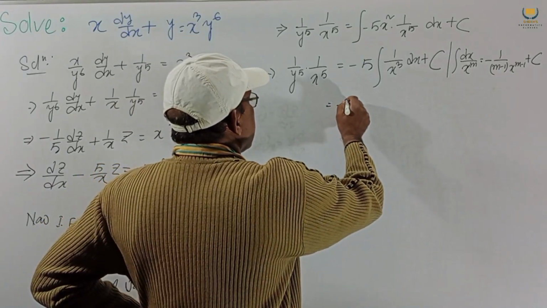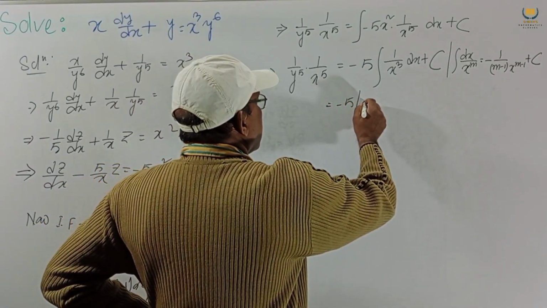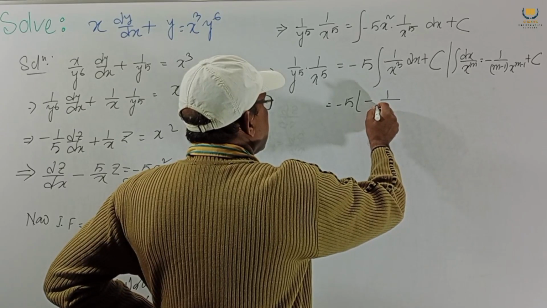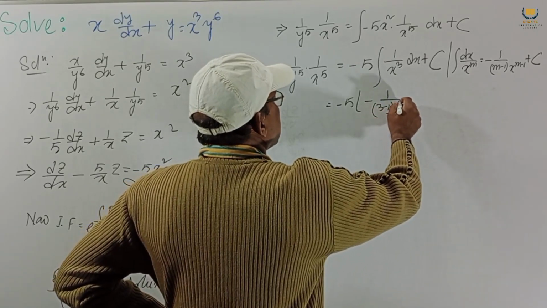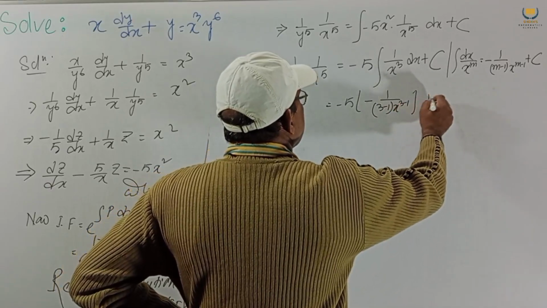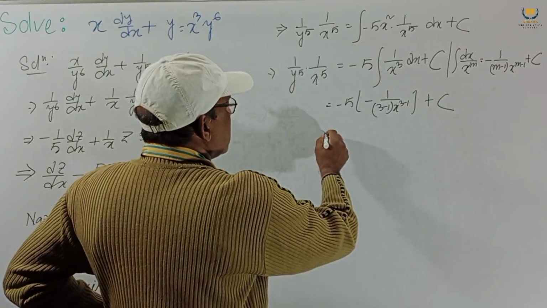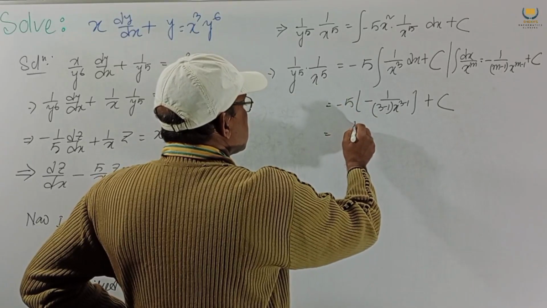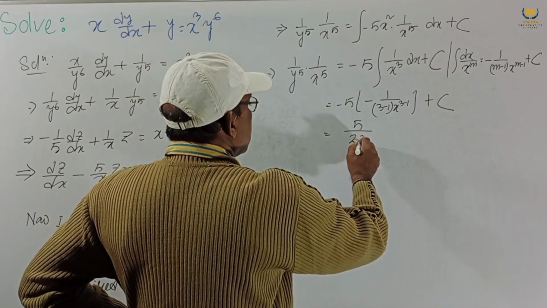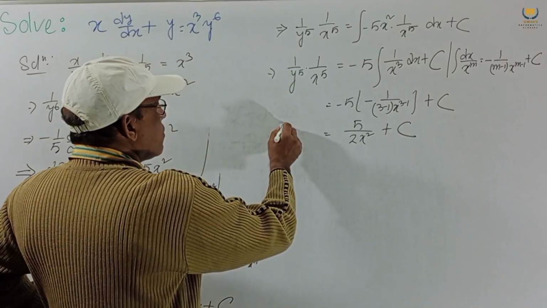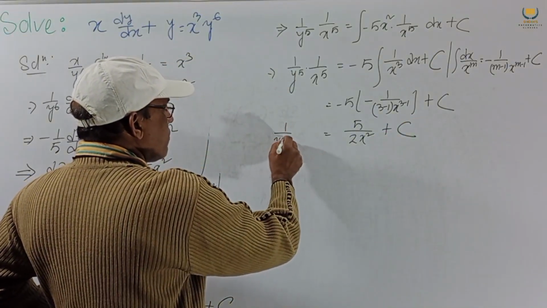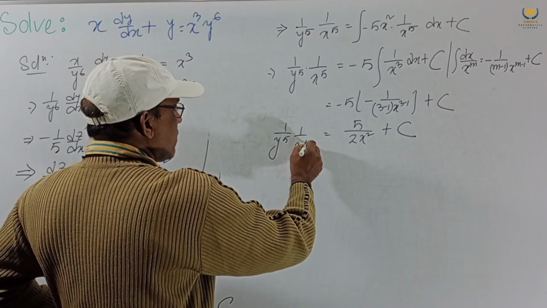So this is minus 5 into minus 1 by 3 minus 1, x to the power 3 minus 1 plus c, and this is minus minus plus 5 by 2 x square plus c.